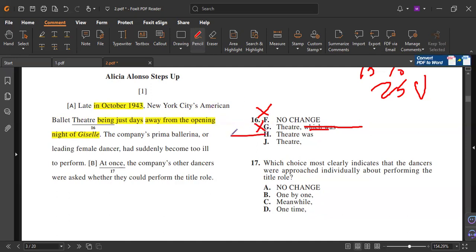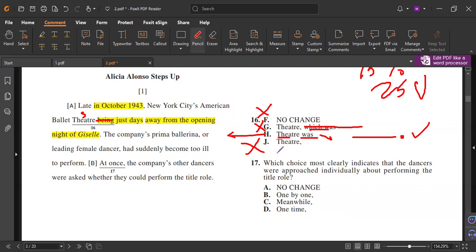Now in letter H, you have a subject and a verb. The American Ballet Theater placed it. So here there is a subject and a verb and then a complement. So it's correct. Letter J lacks a verb because I delete both. I delete being. If you delete being, there is no verb already. So there is no verb in the fragment, which means wrong. So J is wrong.